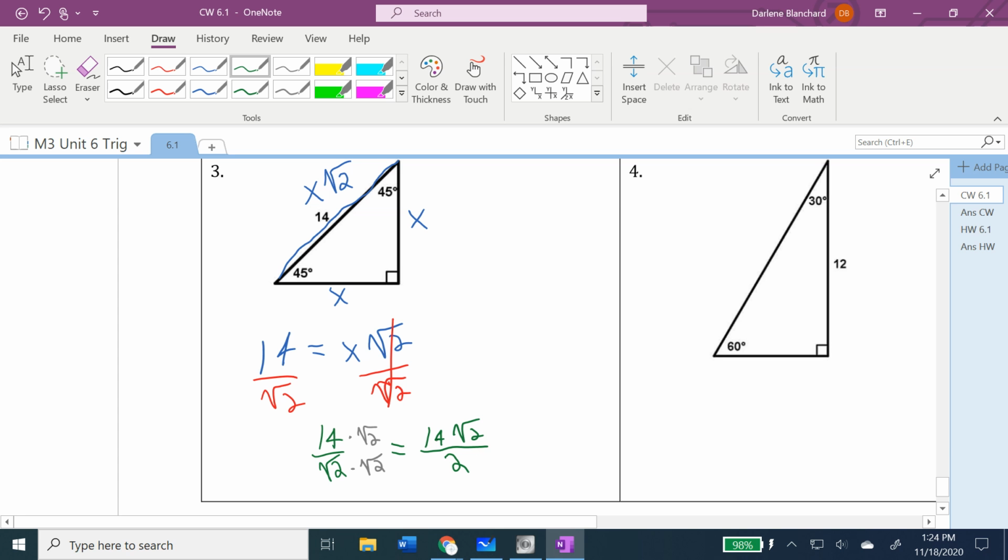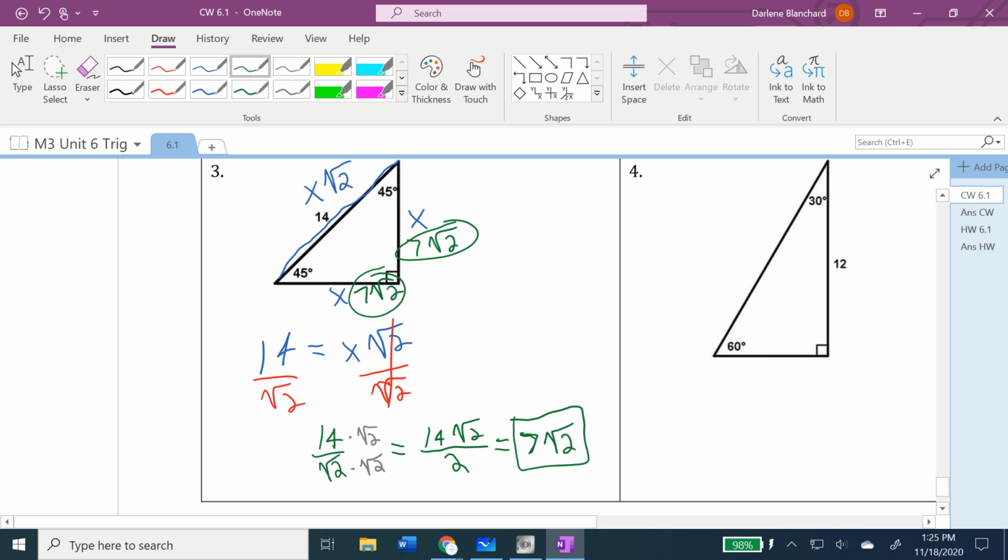Then you can simplify this fraction because you have 14 being multiplied and 2 being divided. So 14 divided by 2 gives you 7, and then you still have times the root 2. So it actually did end up looking better in the end. But now you have that these sides are 7 root 2.